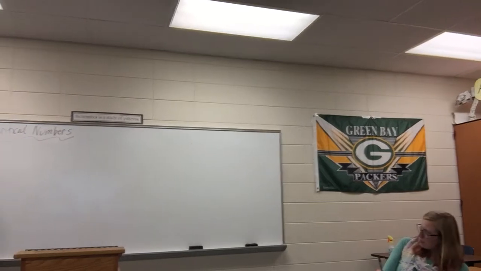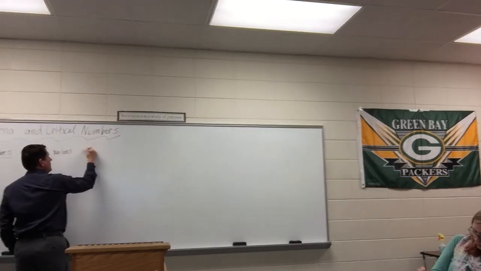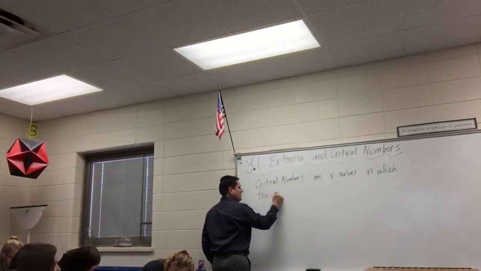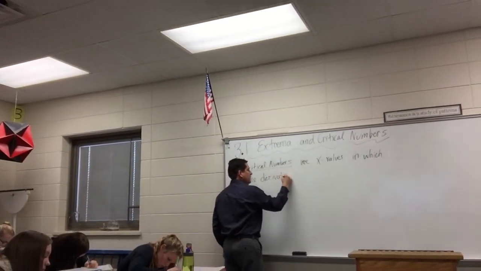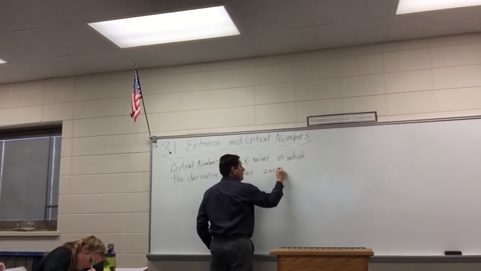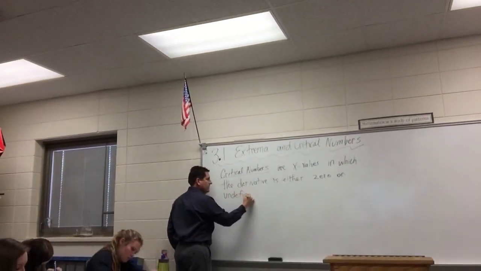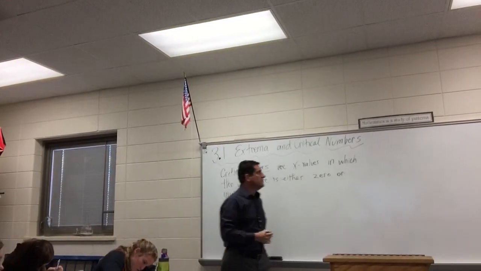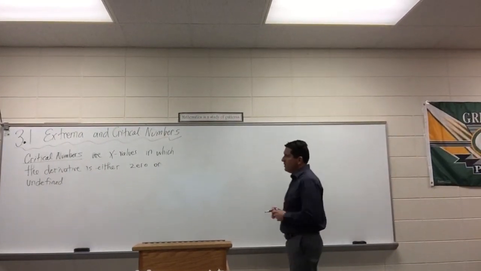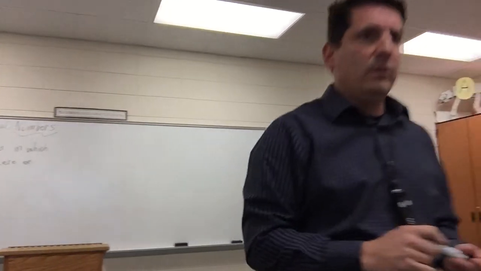Critical numbers are x values in which the derivative is either 0 or undefined. Critical numbers are where the derivative is either 0 or undefined. These are magic places. Okay? Magic places.